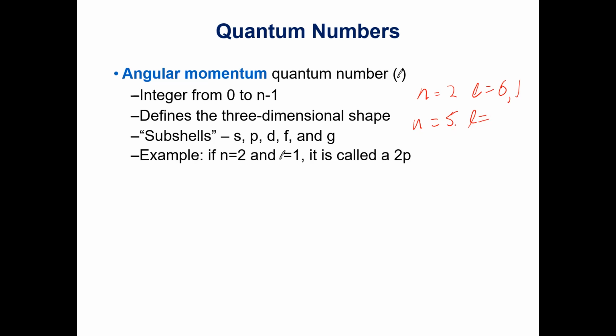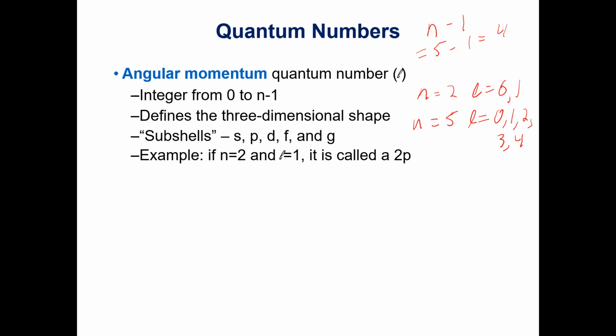So if n is 5, n minus 1 would be 5 minus 1, which is 4. Oops, 5 minus 1, not 5 minus 4. Got ahead of myself there. So if n is 5, 5 minus 1 is 4, which means that L can be anything from 0 to 4. So it can be 0, 1, 2, 3, or 4.